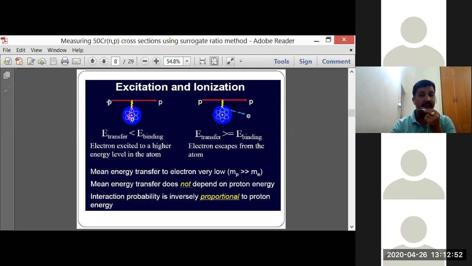To get ionization, you should have enough energy so that the ionization threshold can be reached, or enough energy to push an electron from one shell to another. If you don't have that quantum, you cannot. So these are two processes done by a charged particle when it interacts with the material. One possibility is excitation. The second possibility is ionization.